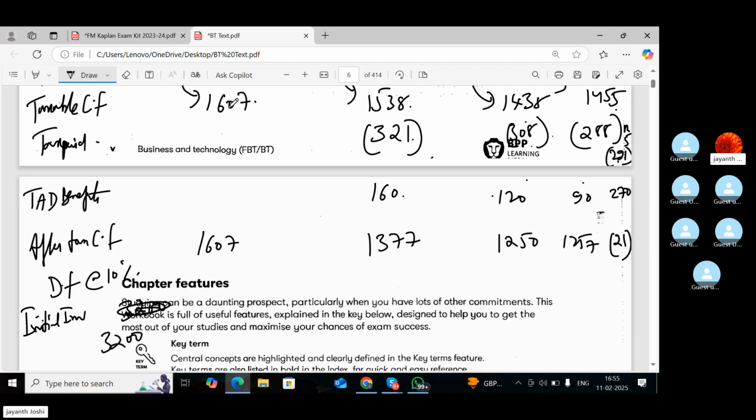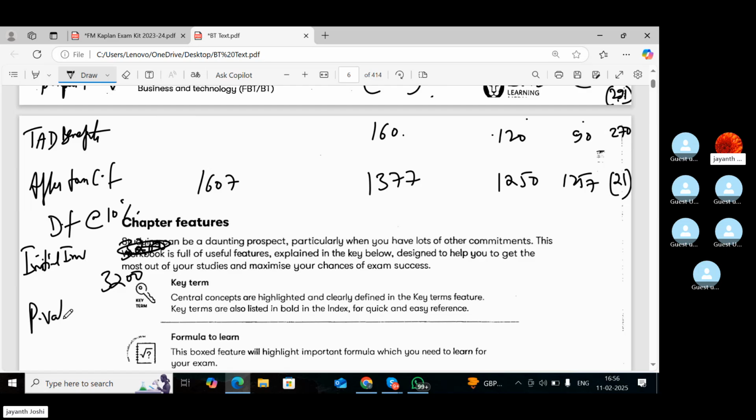Okay, now we will find out the present values. We'll put it here, present values. The discount factors are 0.909, 0.826, 0.751, 0.683, 0.621. Multiply them, you'll get 1461 as the present value for the first year.